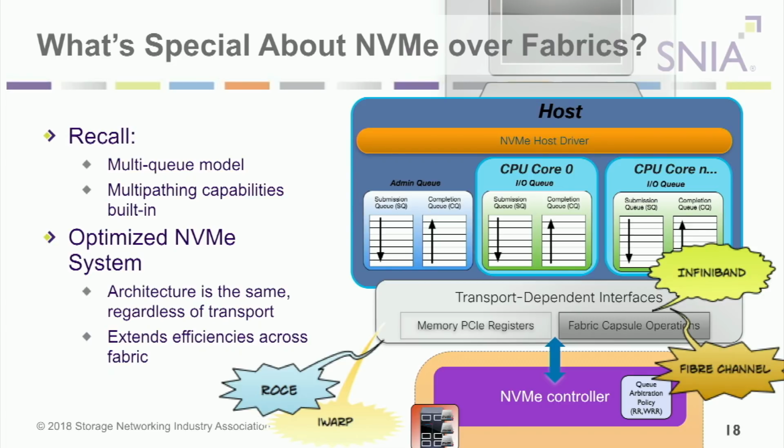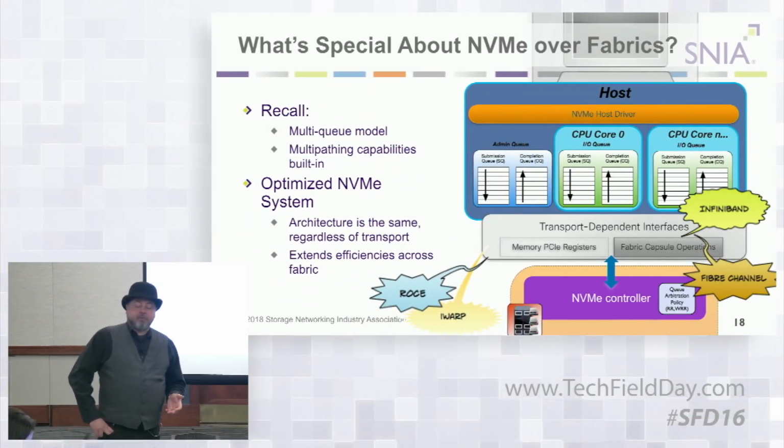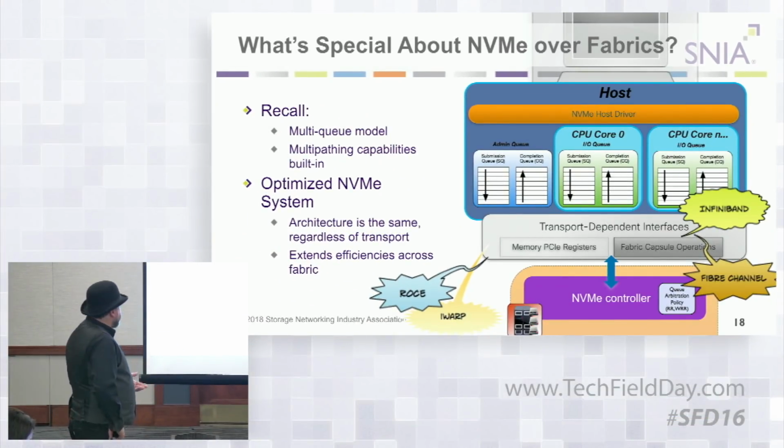The key thing, however, is that there are certain characteristics inside of RoCE, iWARP, InfiniBand, and Fibre Channel that modify that intersection between the actual host and the target. Nevertheless, the same things are exactly the same. You still have the admin queue, the IO queues, the submission and completion queues, the host drivers, and the NVMe controller.